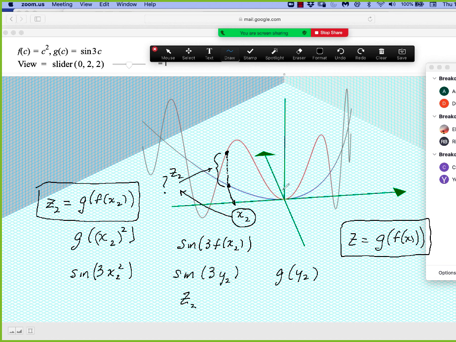Why do we have this weird thing happening? If this is the sine function, sine 3c, why this weirdness here? Why doesn't it go through the way we expect sine to do? Why does it pop up and go positive here?